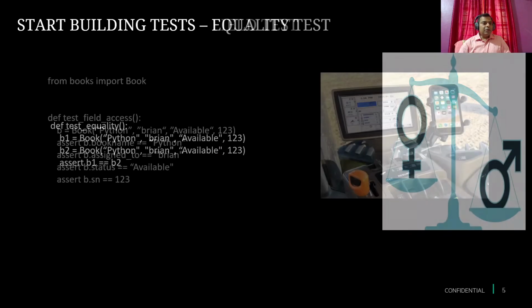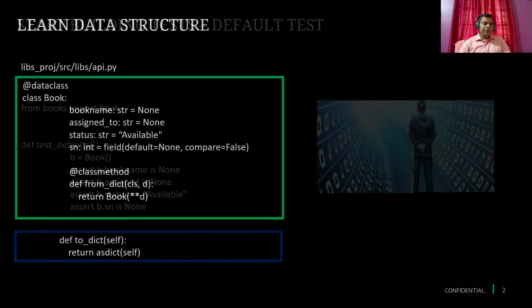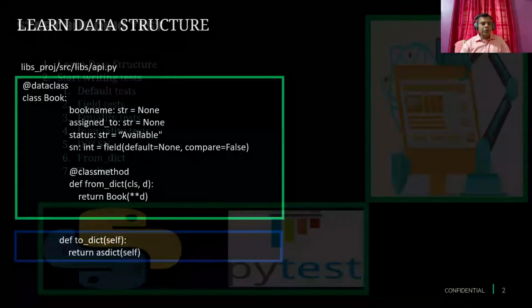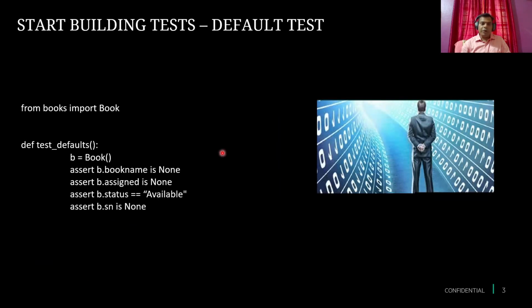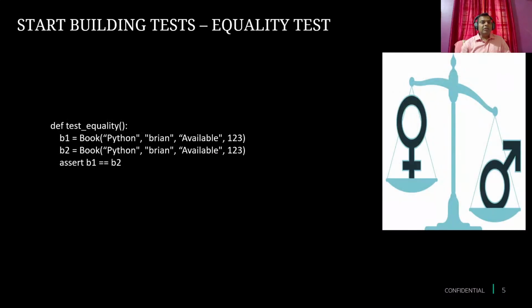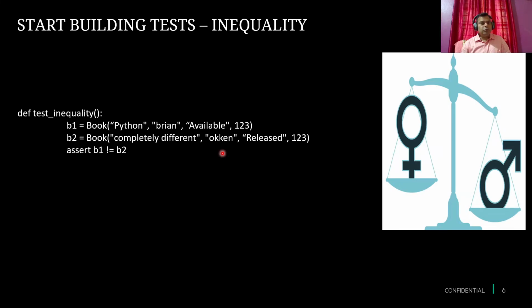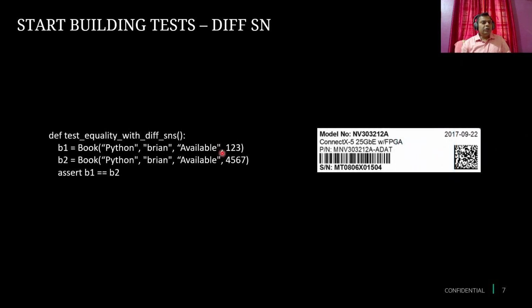Our serial number was a little bit different. If we take a closer look at the serial number, we can see that it is a special type, int. It will have the default value None, but compare equal is False. In any comparison, it will not participate. So that's why even if we have two different serial numbers with the same book information, it should be counted as the same book.